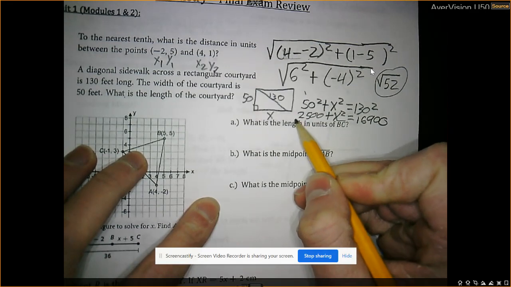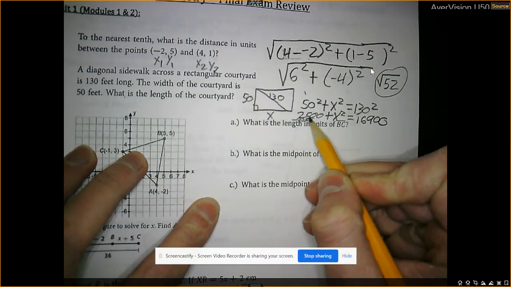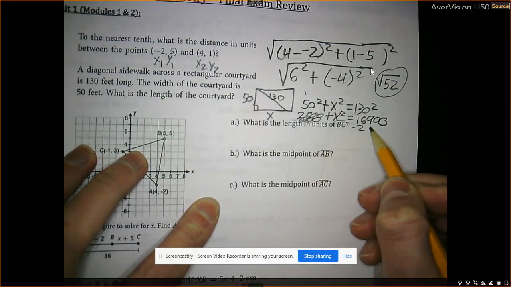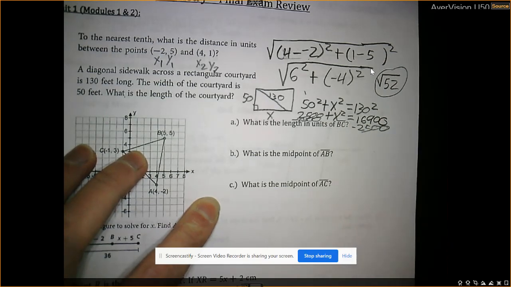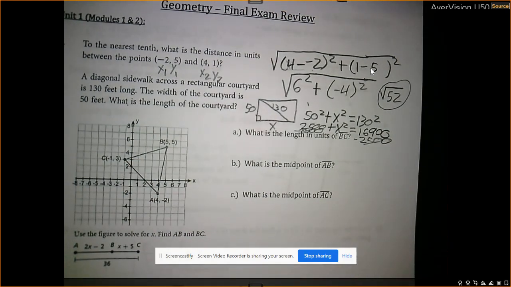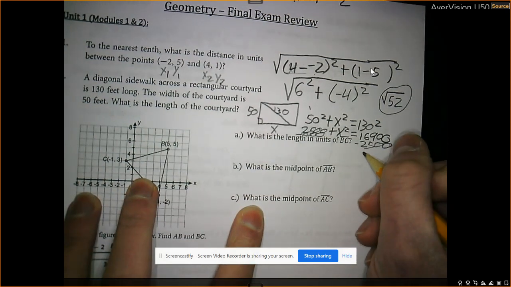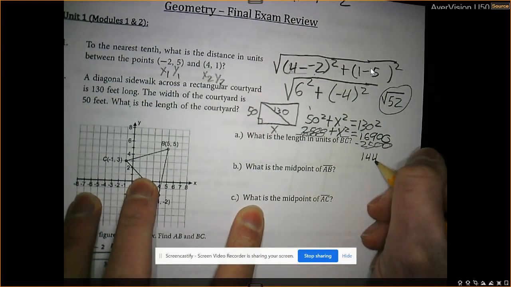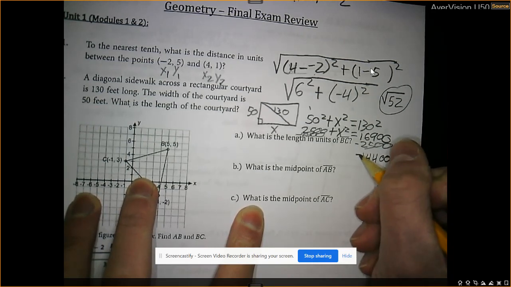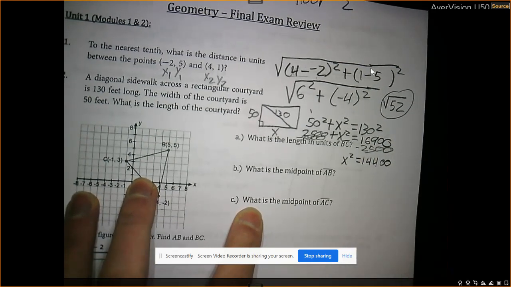Okay, we then have to subtract 2,500 from both sides. Yikes, I'm running out of room. And that is 14400. That's x squared, remember. Okay, x squared equals that.